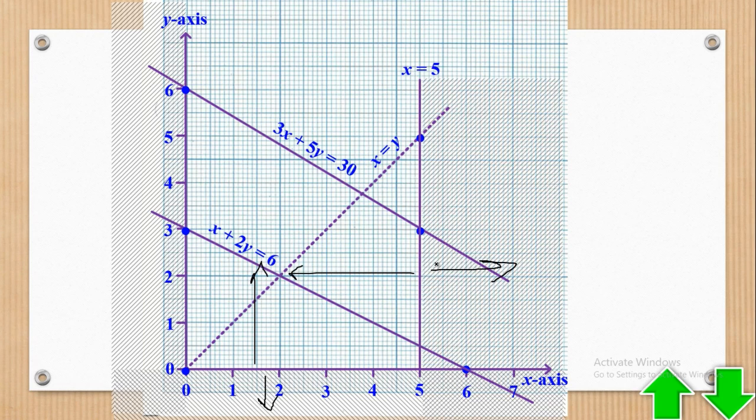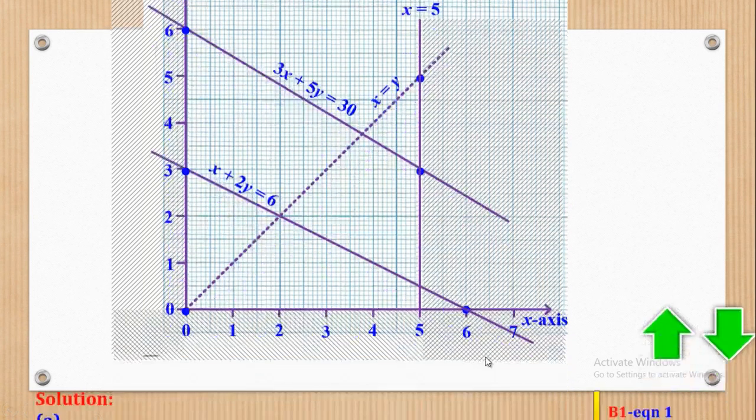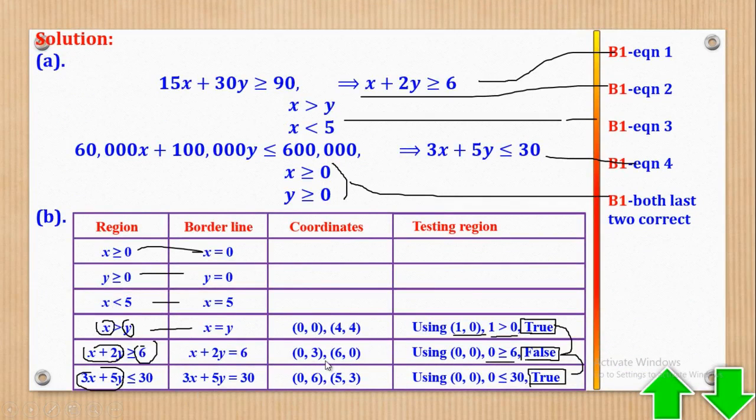Okay, now for these ones which are slanting, we have to use the other column of testing whether it is true or false. Now let's see how it is done. So if you look at this, for this line x greater than y, or x equal to y, the testing gave us true, meaning that where I got this point is the wanted region, and this point was 1, 0.